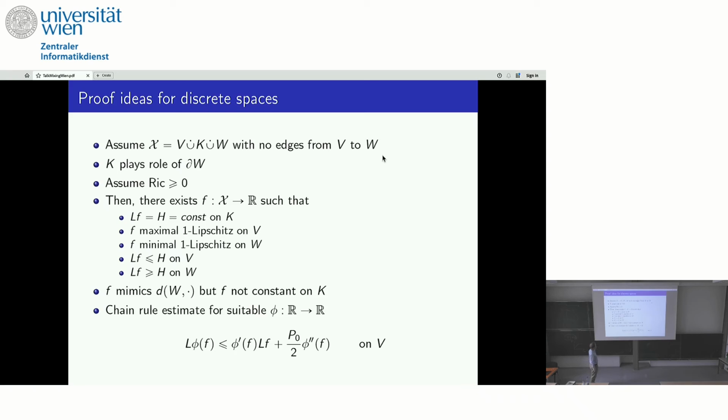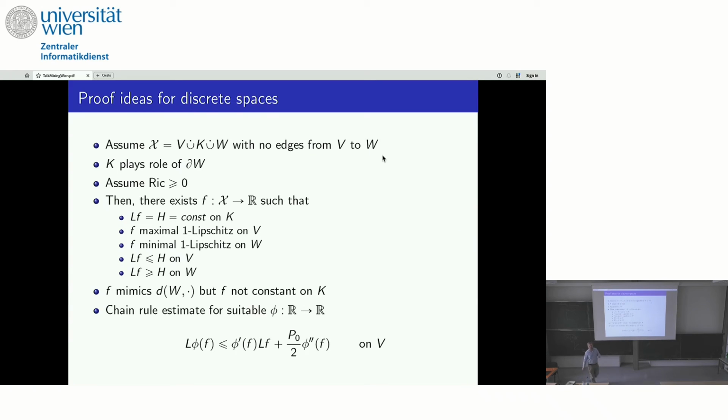So now, assume we have found this nice function F. Then we don't have a precise chain rule, but we have a good enough estimate for the chain rule. So, if you remember, in the Riemannian case, we had an equality over here. Here the gradient of f is missing, but the gradient is 1 because we are the maximal Lipschitz extension, and we get that factor P0 from, so to say, Taylor expansion.